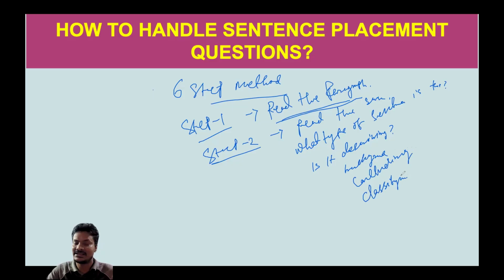So when you ask, what type of sentence is this, you check whether it is describing, giving background, concluding the text, or trying to classify. Then you go for step three. In step three, you look for the hook words.